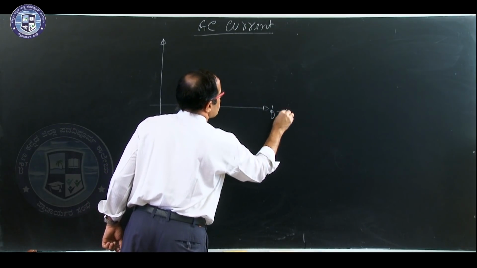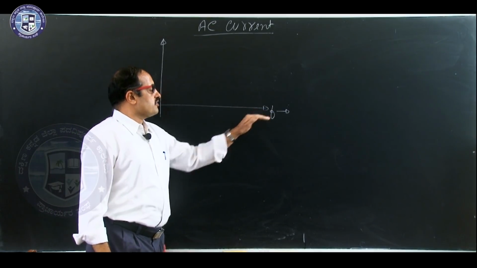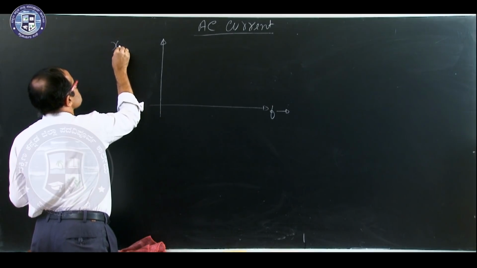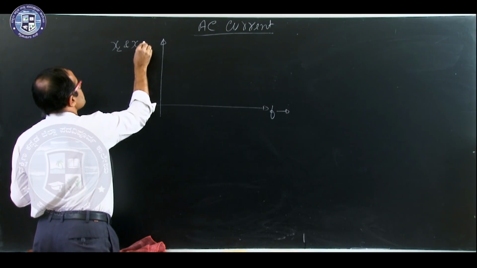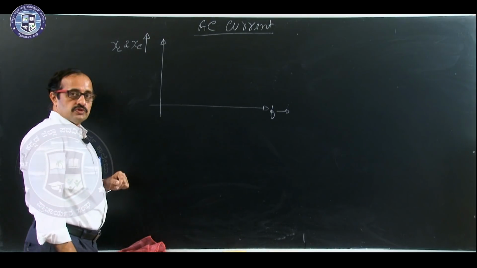Let us say it is the frequency. We take the graph, and in this graph along the x axis we take frequency, along the y axis we plot both XL and XC, both XL and XC.